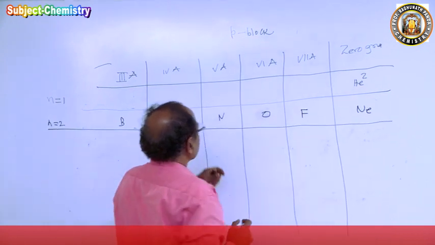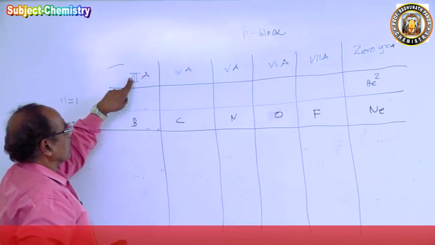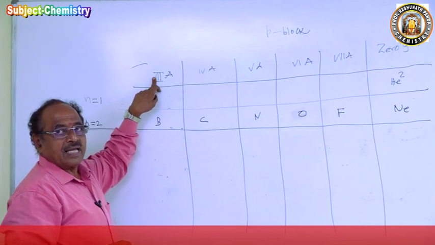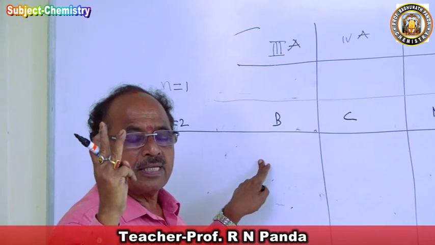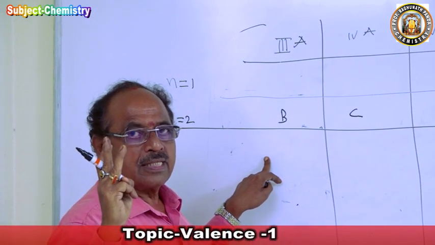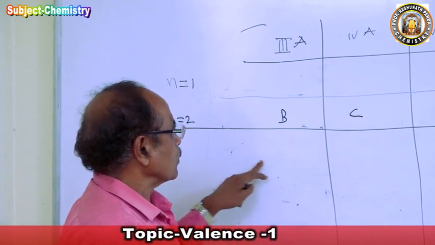I told you the group number indicates the number of electrons present in the outermost shell. Which group? 3A. So they will have 3 electrons in their outermost shell.